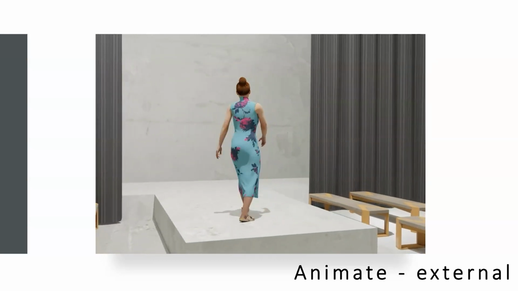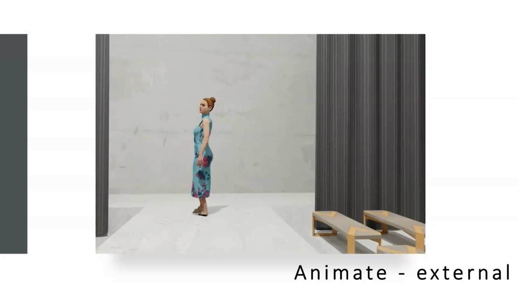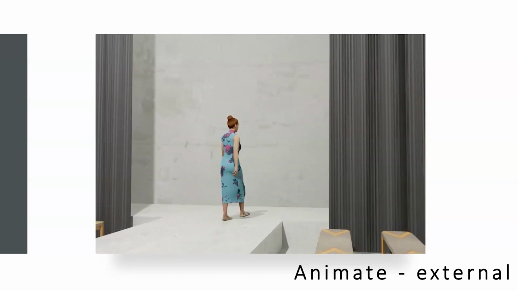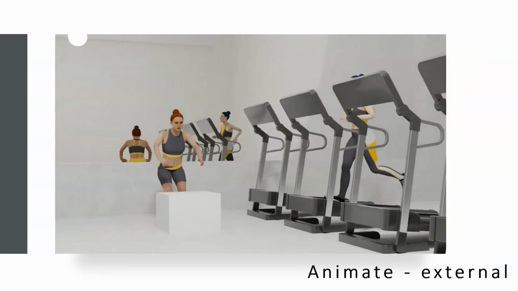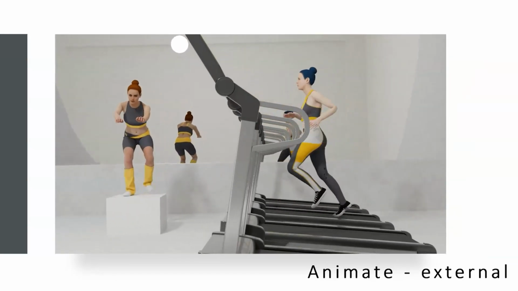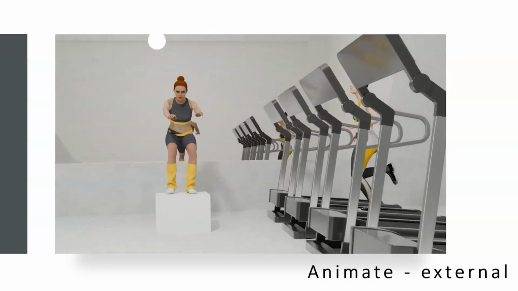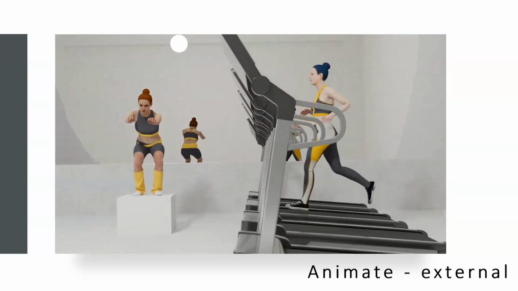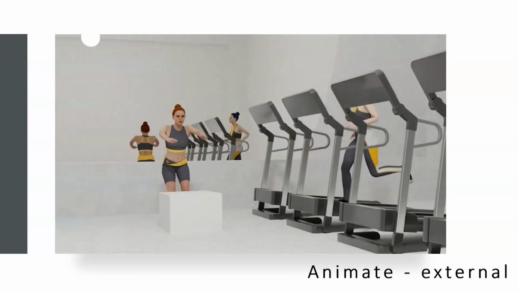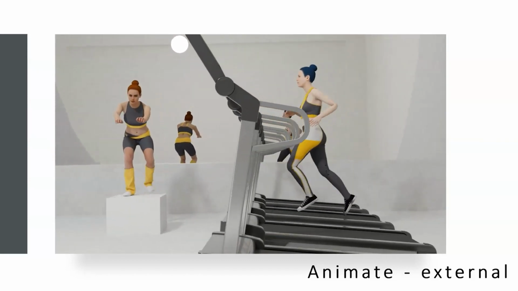So that's basically a scene created in Blender with objects that I just found online and imported, by the way. Same with this one. We basically have two avatars animated, and all we did is create a simple scene and animate them within the scene directly.